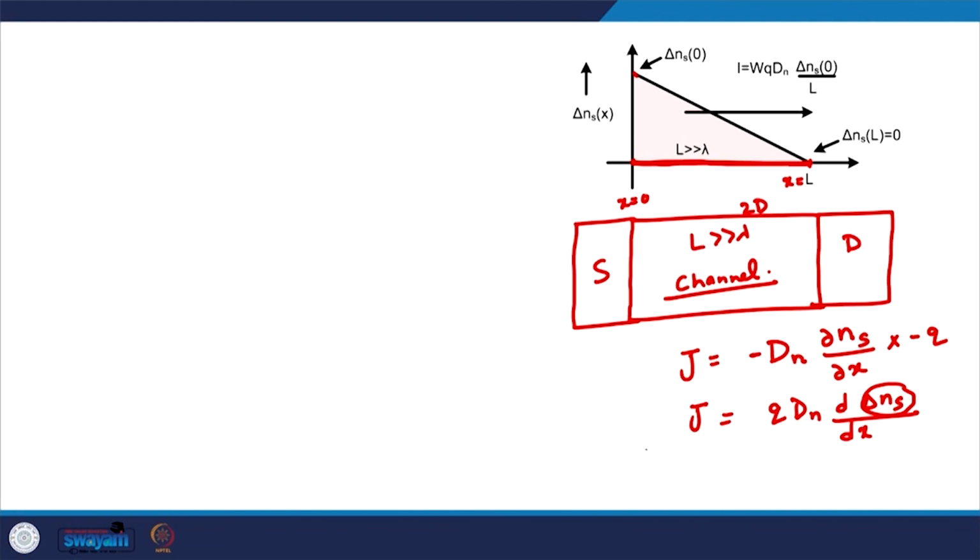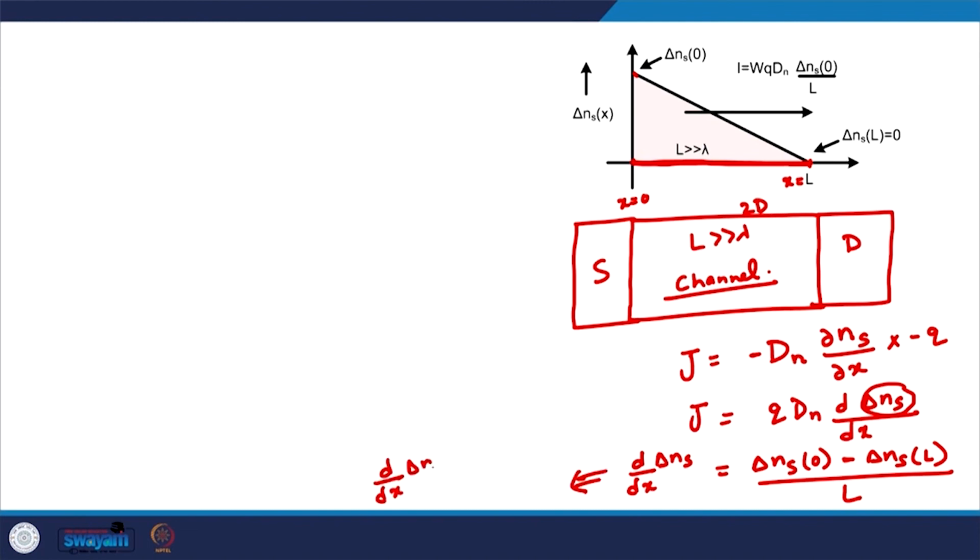So d by dx of delta ns, in the case of a linear profile, can be written as delta ns 0 minus delta ns L divided by L. So d by dx of delta ns becomes delta ns 0 divided by L.